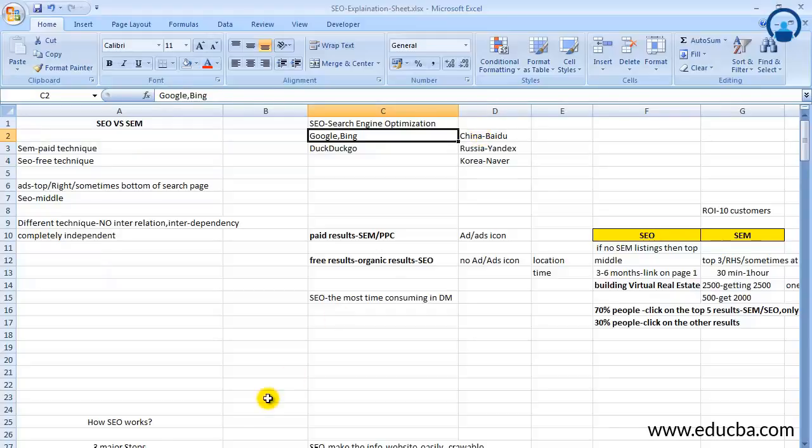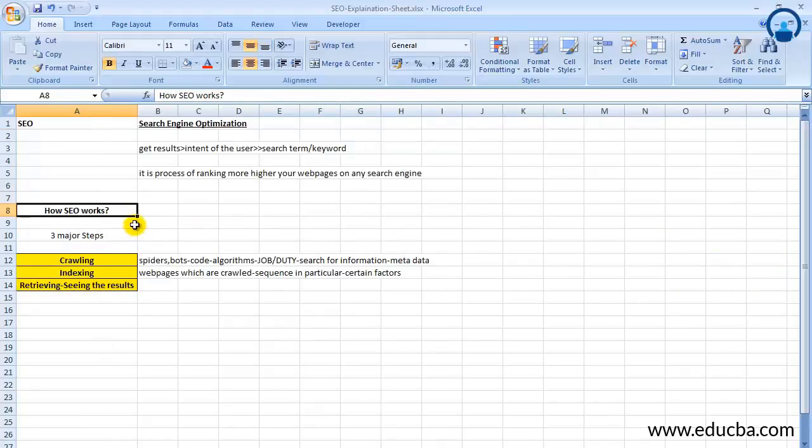Once that is seen, the main thing we need to understand here is the backend process used by Google to help you get the search results which you see.